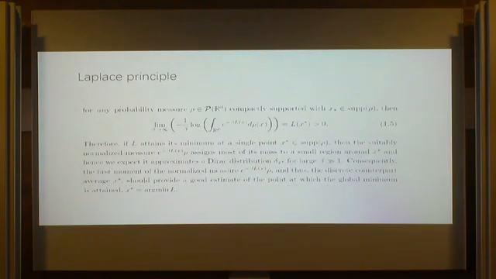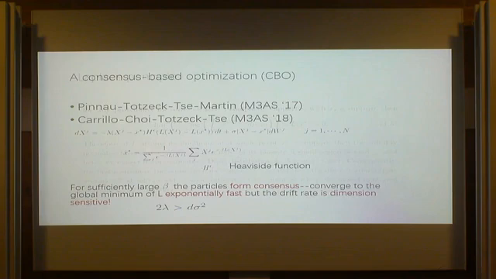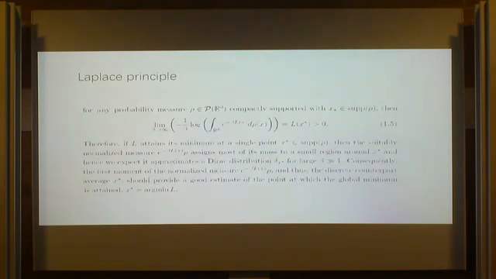Another point I want to emphasize is the choice of this weighted average. The reason that it forms consensus is very easy to see. But why is this consensus the global minimum? That's because of the Laplace principle, which is a basic result from large deviation theory.